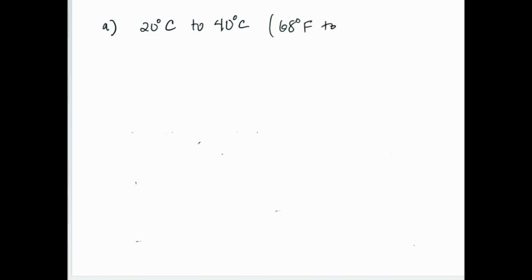And when we're talking about that in terms of Fahrenheit, that would be about 68 degrees Fahrenheit to about 104 degrees Fahrenheit. So between these two temperatures, it would be reasonable to expect that the number of soft drinks go up somewhere in that range because it's getting warmer.